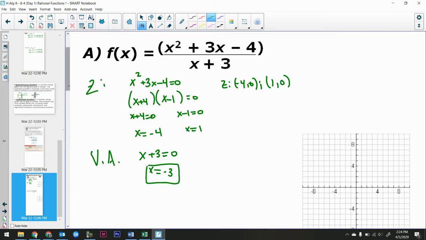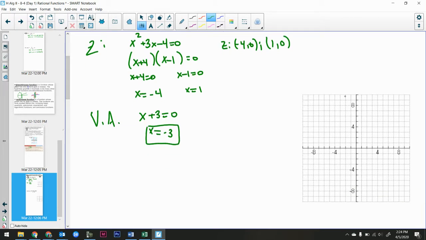So if I wanted to make a crude sketch of this, vertical asymptote at -3. Okay, doing my best there. And then I know that it has 2 zeros, one at 1 and the other one at -4.